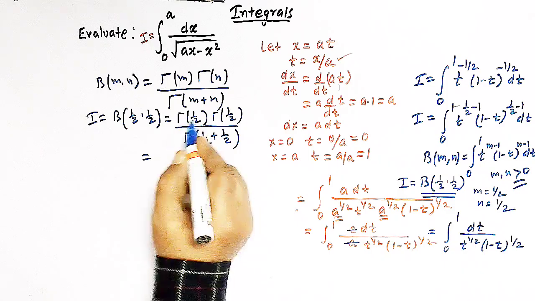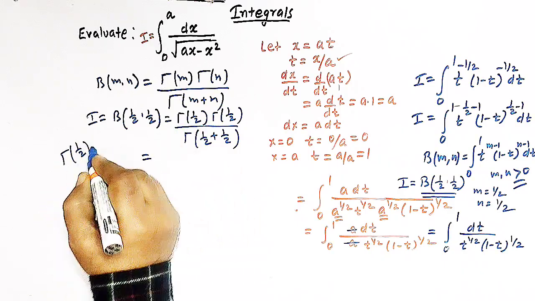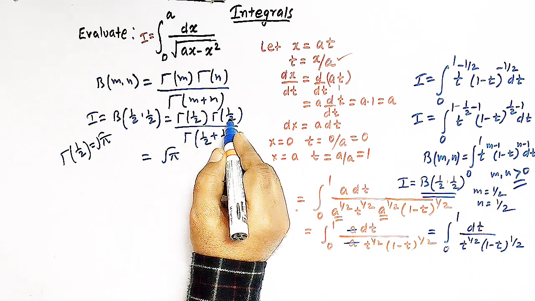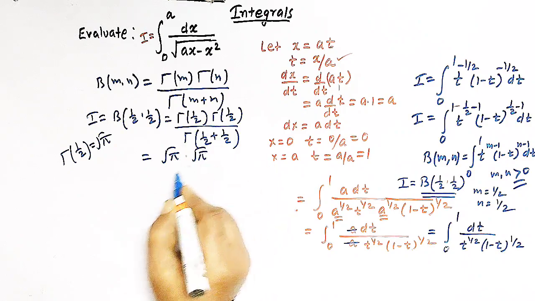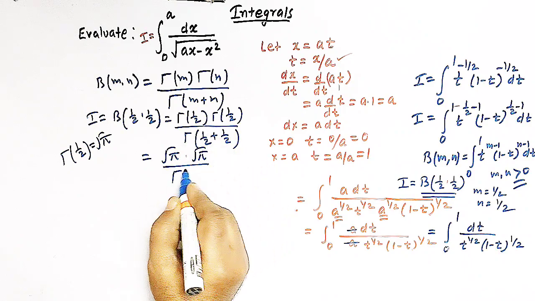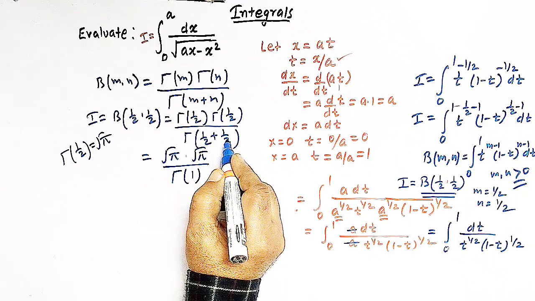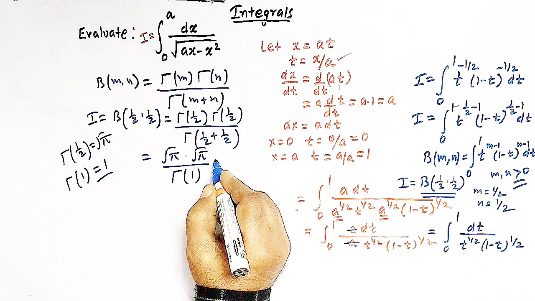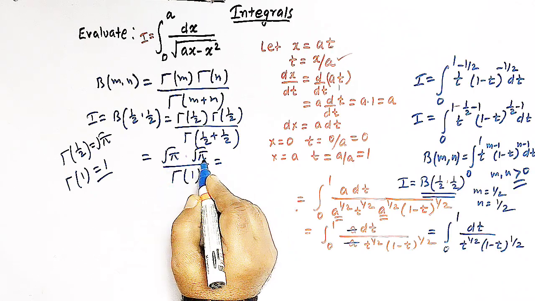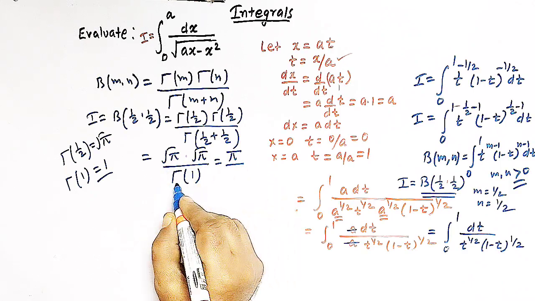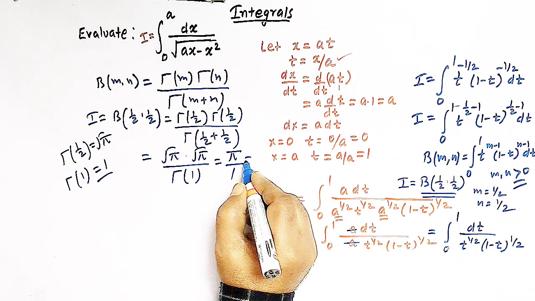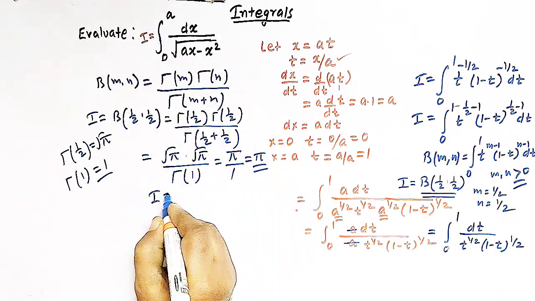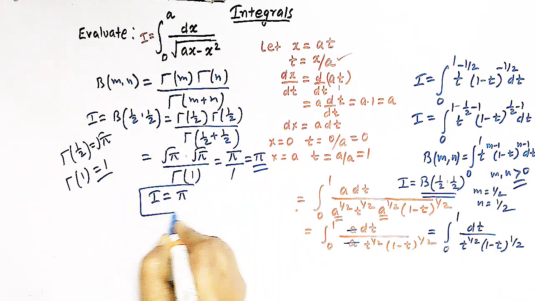Now the value of gamma half is square root of pi. So here we have square root of pi, here also we have square root of pi, and here we have gamma 1. Half plus half is 1, and the value of gamma 1 is equal to 1. So here root pi times root pi is pi, and gamma 1 is equal to 1, so this is equal to pi. So the value of this integral I is equal to pi.